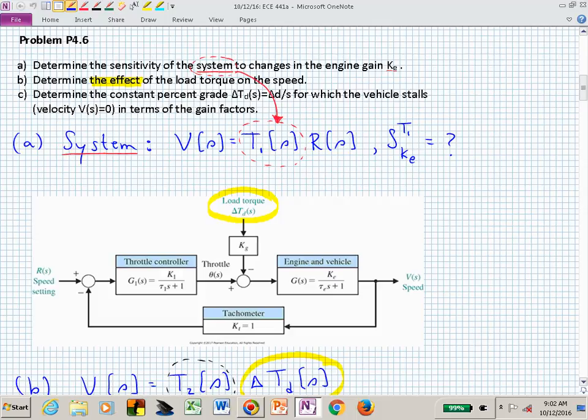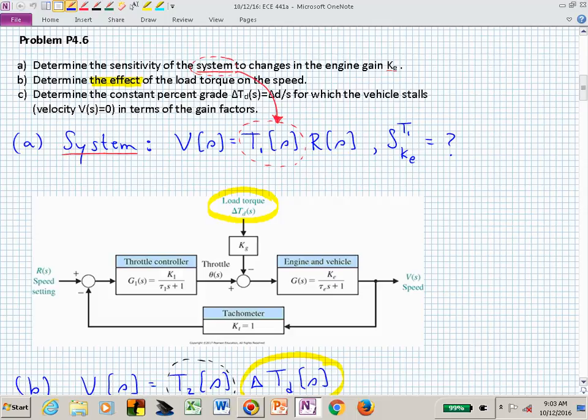I'm going to assume the system he's referring to in part A is between the speed setting and the actual speed, which I'm calling T sub 1.